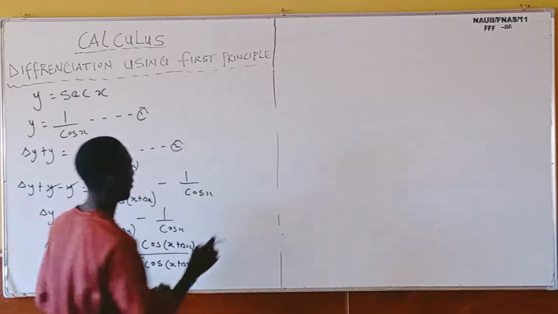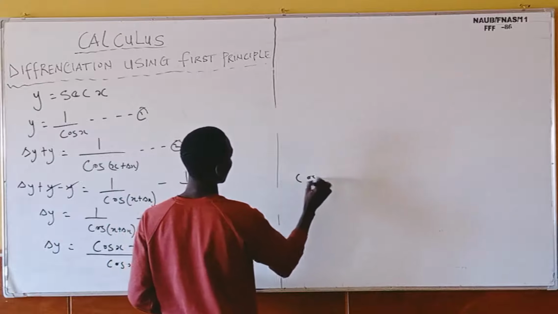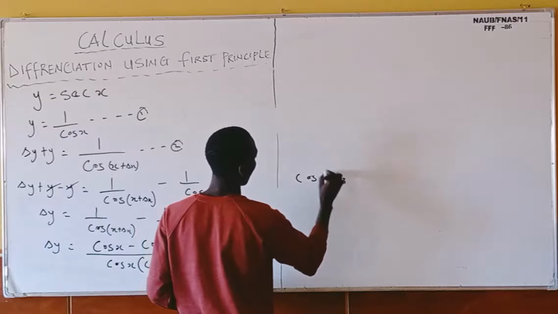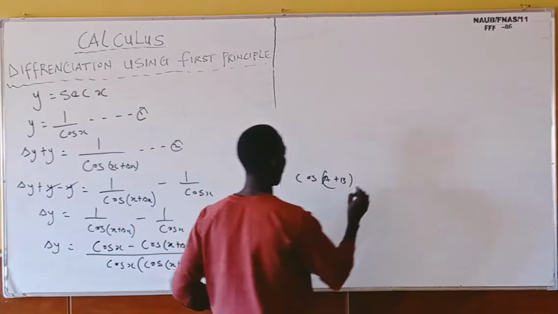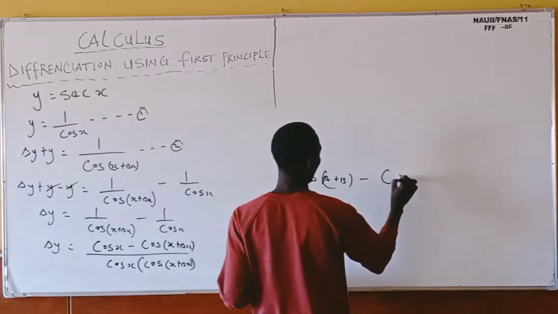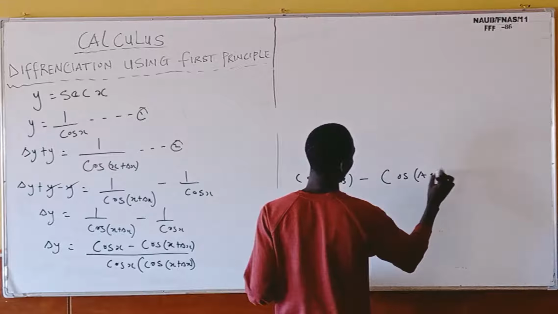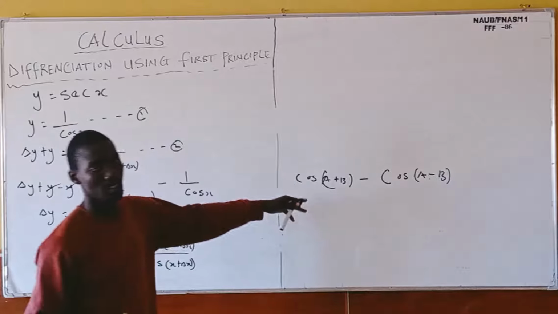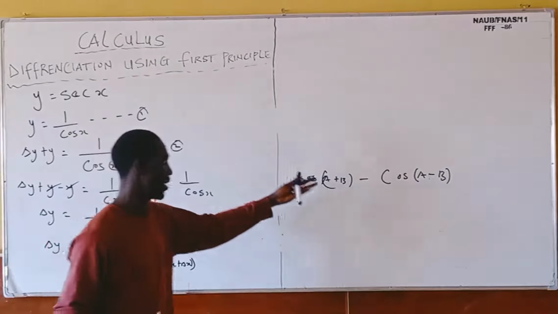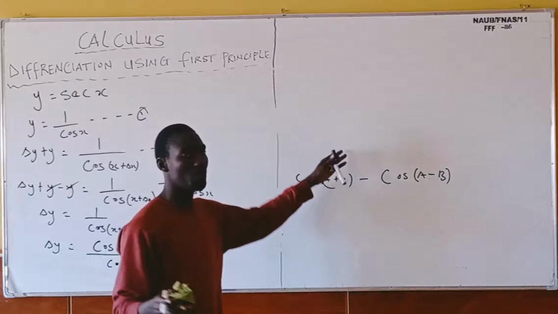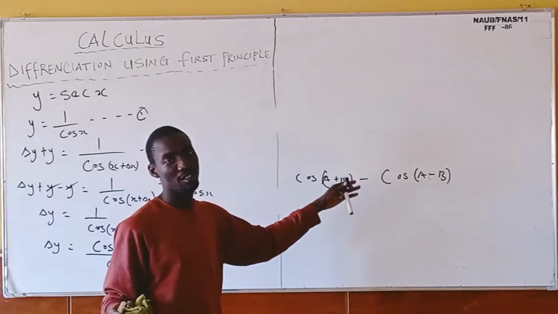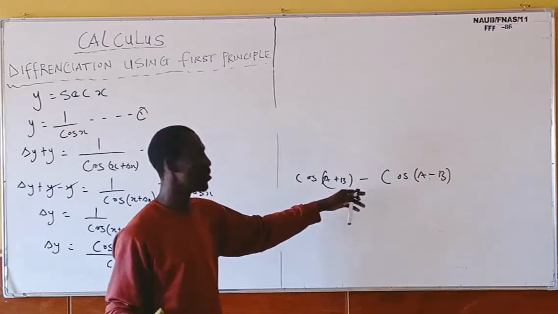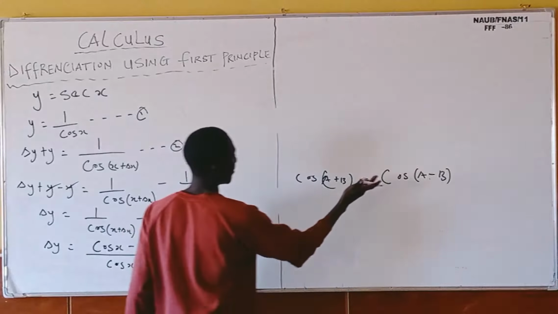You know, from cos(a plus b) minus cos(a minus b). I already proved all this on my YouTube channel. That's how I always advise you to go back to integration and differentiation on trigonometry. So this is how you break it down.